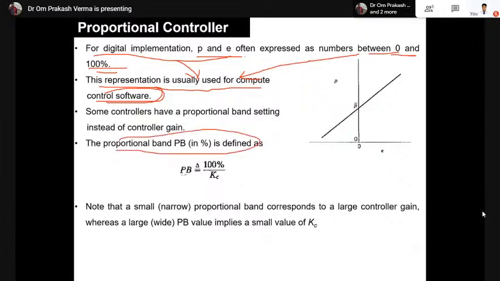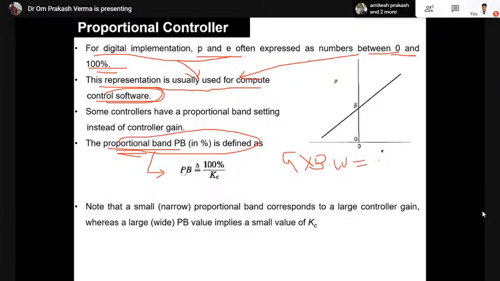So here the performance is defined in terms of proportional band. See, there is one universal formula: gain into bandwidth product is always a constant.